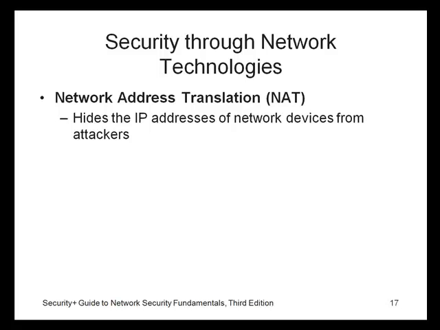But NAT, again, does hide the IP addresses from attackers. How many public addresses do we actually need to run our internal network? Sometimes we're around one, as long as we don't have any resources that we're trying to get people to. We just need one, and it looks like everybody's coming from the same address.